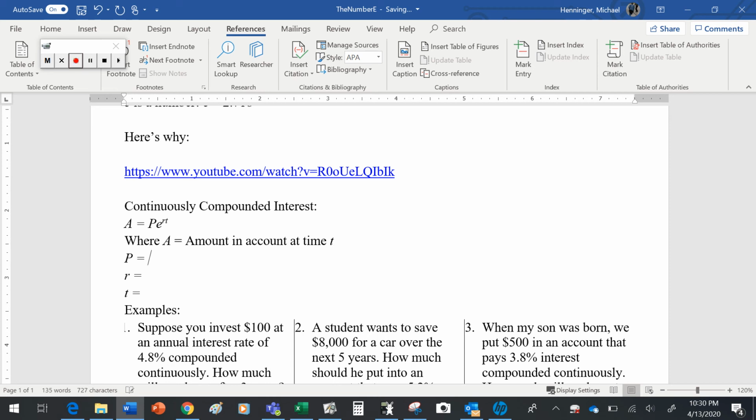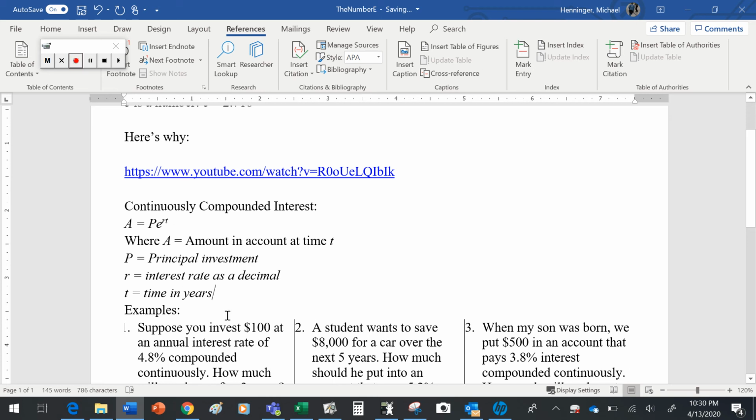P still represents the principal investment, and r still represents the interest rate. It has to be as a decimal, and t still represents the time in years. So all the variables in these equations remain the same. This is actually a slightly simpler equation to use.